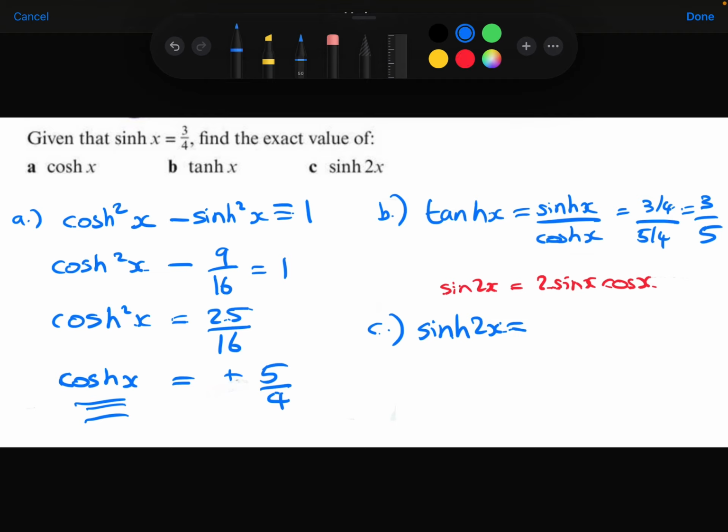Sinh 2x is going to equal 2 sinh x cosh x. There is no sinh being multiplied together with another sinh, so I don't need to flip any signs. And so I can just say it's going to be 2 times 3/4 times 5/4, which is going to be 15/8.